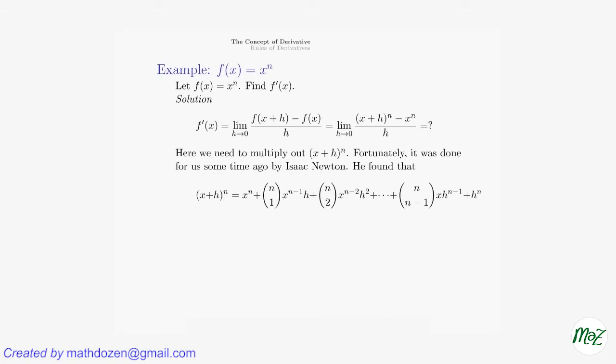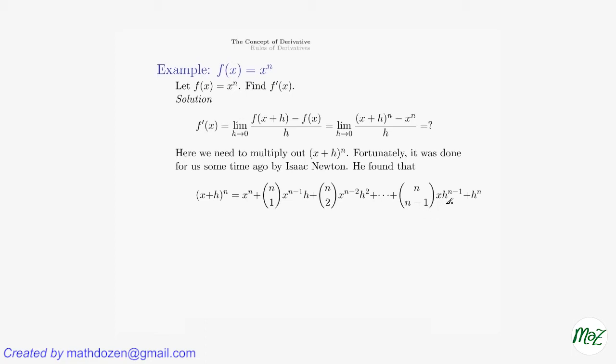What is nice is that the formula for the multiplied out expression of x plus h to the nth power was already done by Isaac Newton, and he found that the nth power of the sum of x and h is equal to x to the nth plus n choose 1 times x to the power n minus 1 times h, plus n choose 2 x to the power n minus 2 h squared, plus higher and higher powers of h.